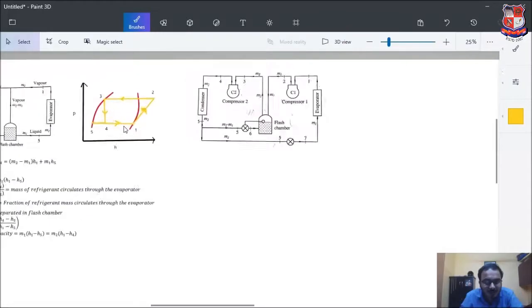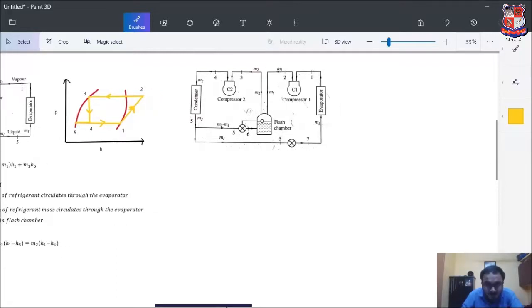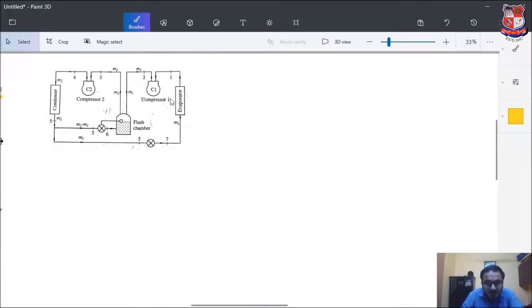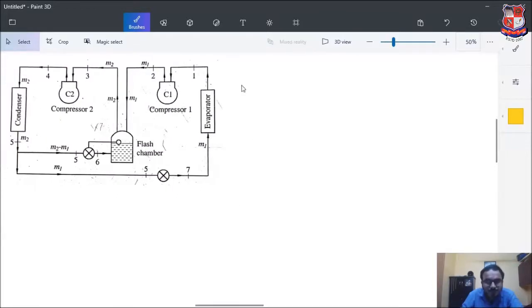Okay, we will keep it here, and first of all we will discuss the energy balance at the flash chamber. So let me draw the flash chamber first.